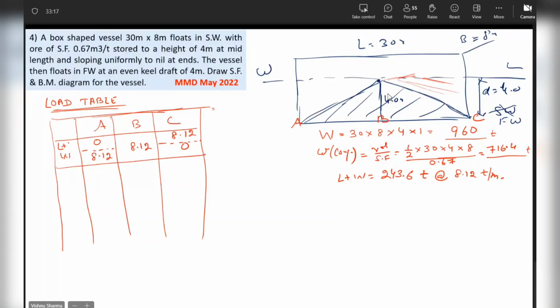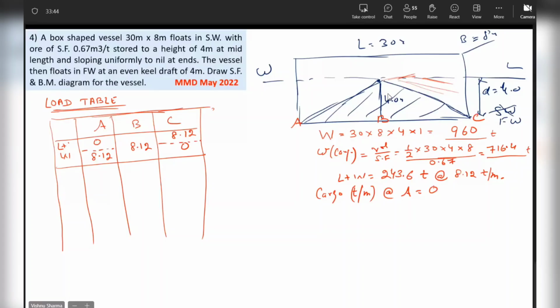Okay. Before we go there, come here also. Guys, tell me, what is the weight of the cargo in tons per meter at A? What is the height of the cargo at A, guys? 0.